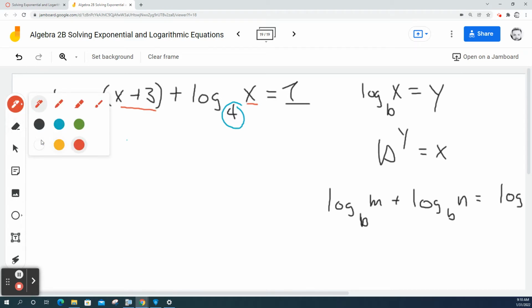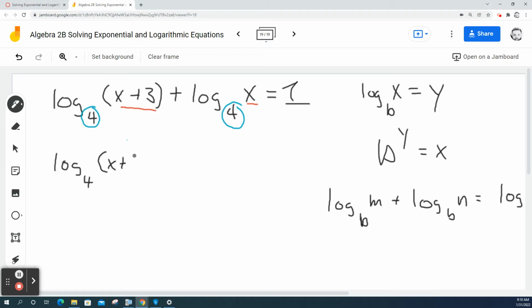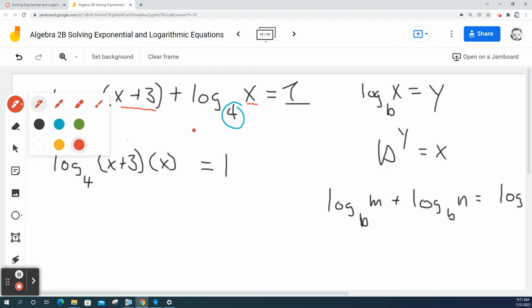In other words, you'll see, I could say log base 4 of x plus 3 times x. And then that's equal to 1. Okay. So what the property is saying is I could take this and multiply it by this and put it together as one log.